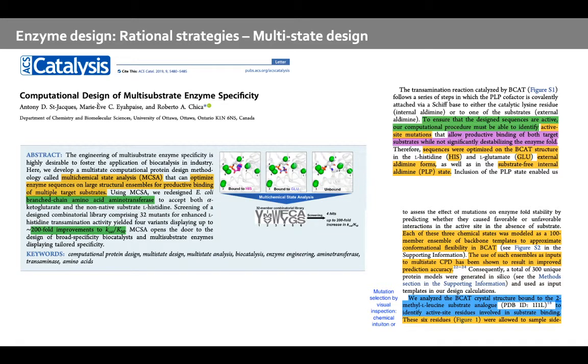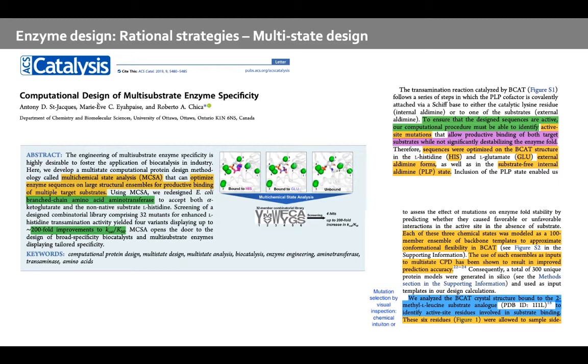So I think it's a nice strategy to try to incorporate multiple intermediates in this design process, apart from the multiple structures. And here I highlighted some key points about the strategy.